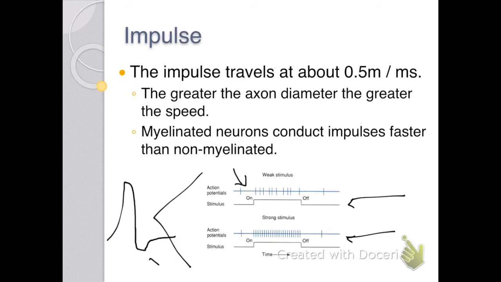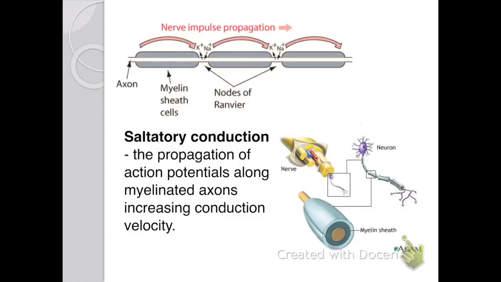However, because of this refractory period, there's a limit to how quickly the signals can come in and how quickly they can be experienced. And so this does put a little bit of a limit on how we perceive what we're experiencing.